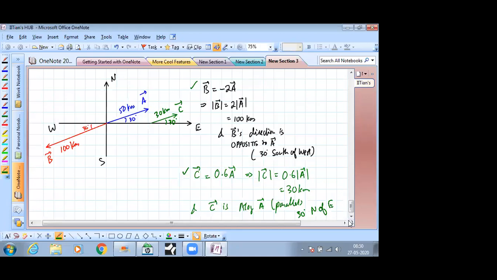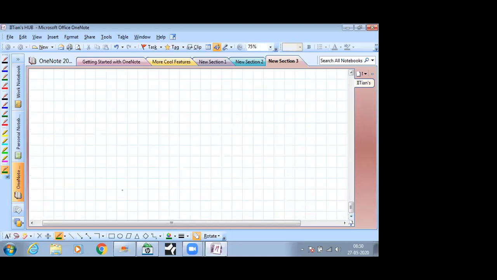Okay, so I hope this is clear. Now, Rimjam, just to answer your question and explain the two directions you asked. We have one vector E that is 30 degrees north of west, suppose.